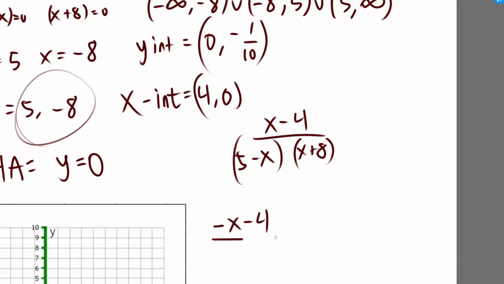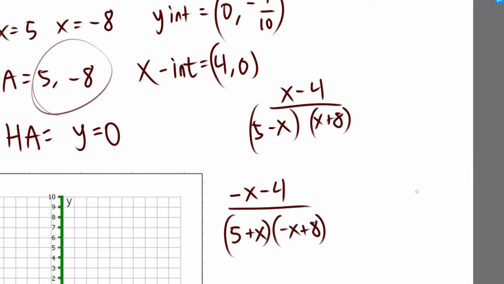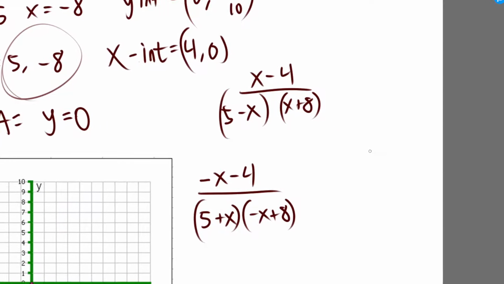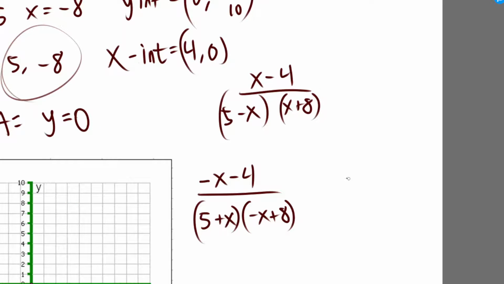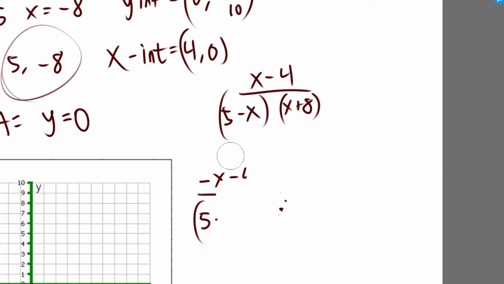So x minus 4 divided by 5 plus x and negative x plus 8. To test if it's odd, we'll multiply the whole thing by negative 1, so the top gets distributed. So we get negative x minus 4 divided by 5 minus x and x plus 8. The reason it doesn't distribute to the bottom is because we're multiplying by negative 1 over 1. So it's neither.